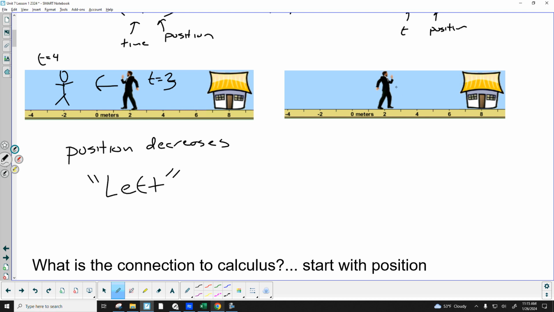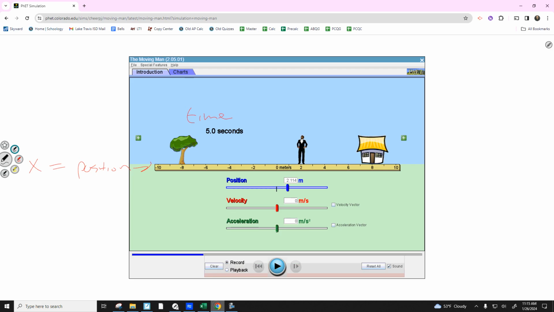Let's say the guy is going that way. What's happening? His position is increasing. He's moving to the right.